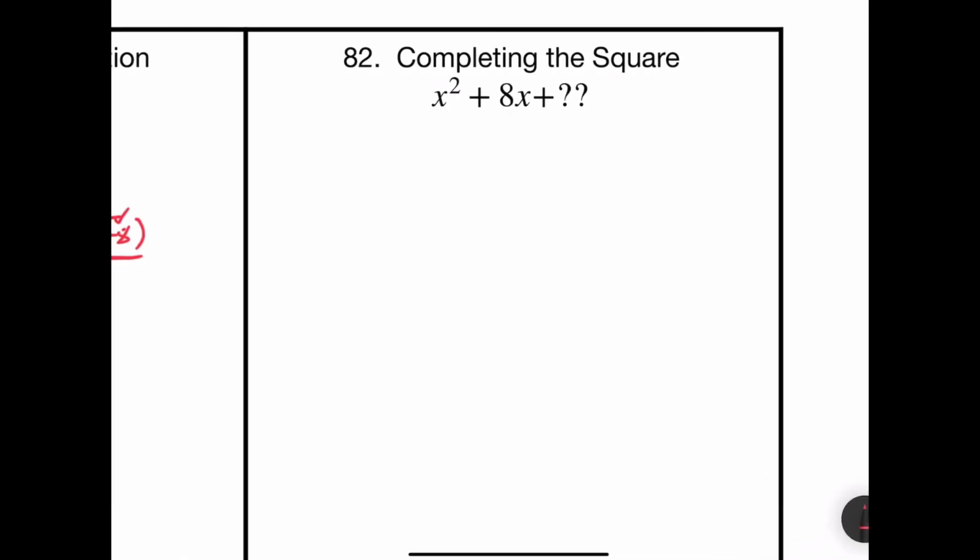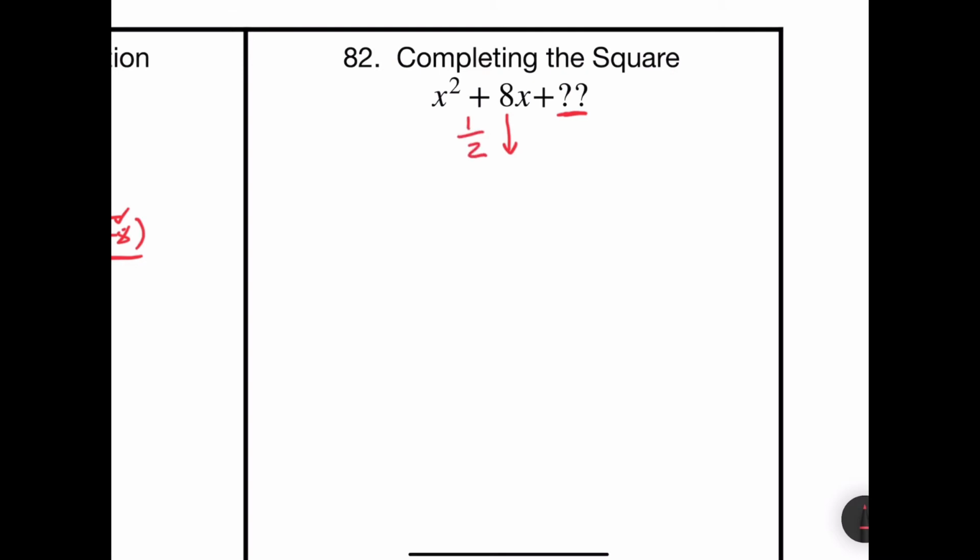Problem number 82 is completing the square. It says x squared plus 8x plus blank. So in this problem we want to figure out what this number has to be to make a perfect trinomial square. So to find the missing number, I'm going to take the middle term, which is 8, and I'm going to need half of that middle term.